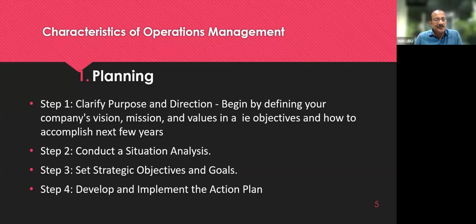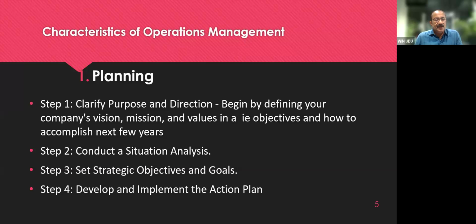Here, vision means what the company is looking for and what its objective is, and mission means what the company is going to achieve in the coming years. That is the responsibility of operations in the planning process. So it clarifies the purpose and direction, beginning by defining your company's vision.